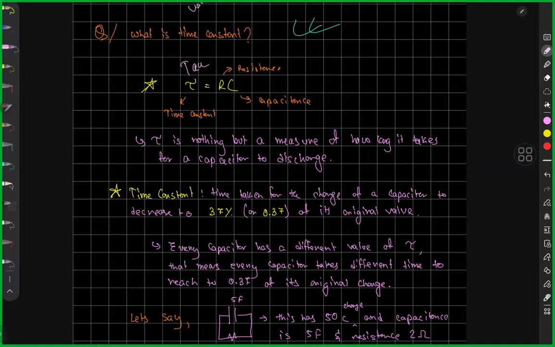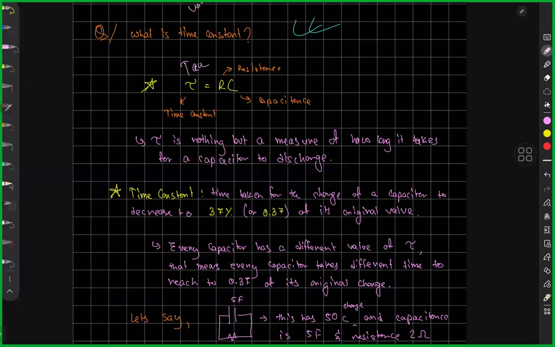So when you have a larger resistance, tau is large. When you have a larger capacitance, tau is large. What is tau? It is simply a measure of how long it takes for a capacitor to discharge.